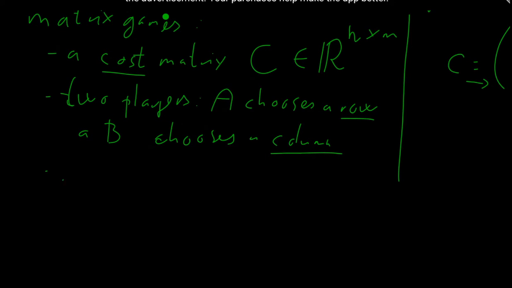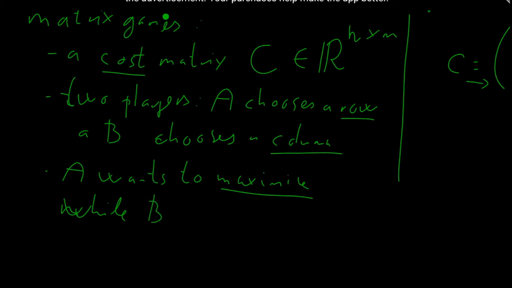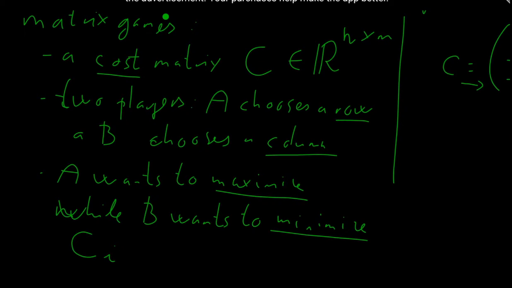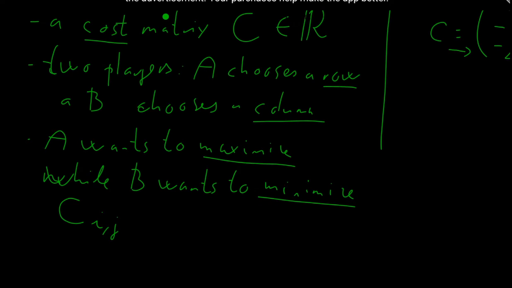Now A wants to maximize the number, while B wants to minimize the value, which is usually denoted as Cij. So this is the entry of the matrix C in the ith row and jth column.